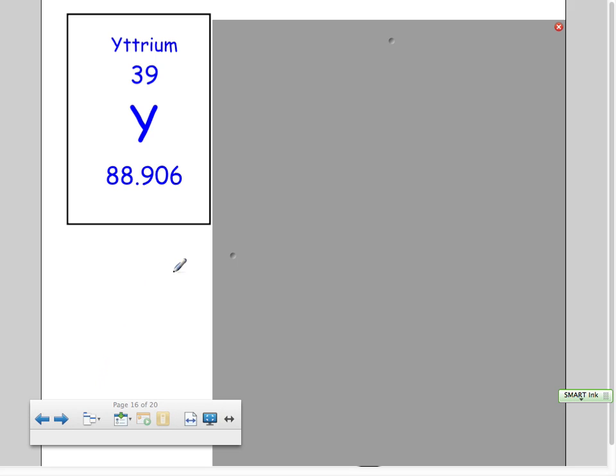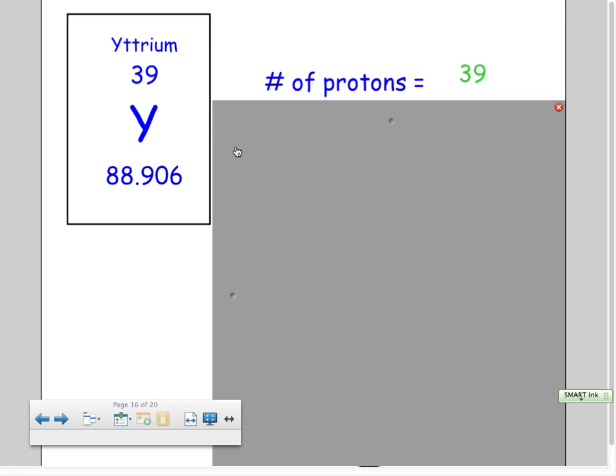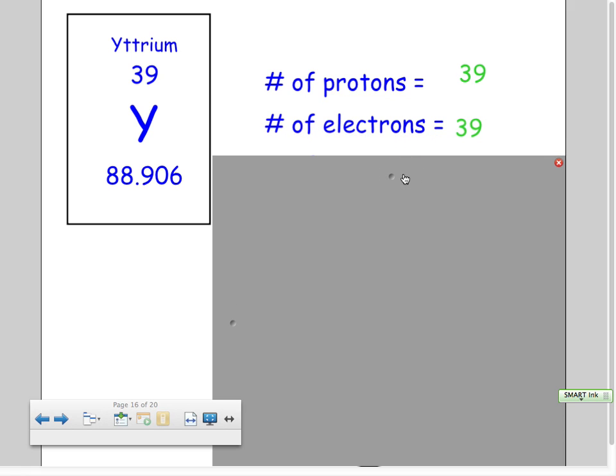Now, this one looks funny. It's called yttrium. It just sounds weird. But it has how many protons? Can you guess? That's right, it is 39. And you know that if you have 39 protons, how many electrons do you have? If you said 39, you're correct.